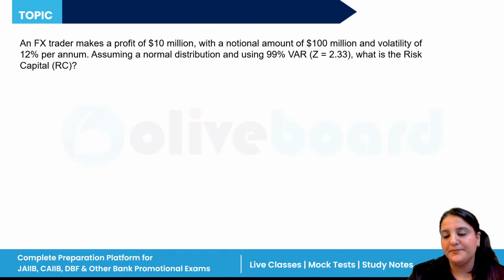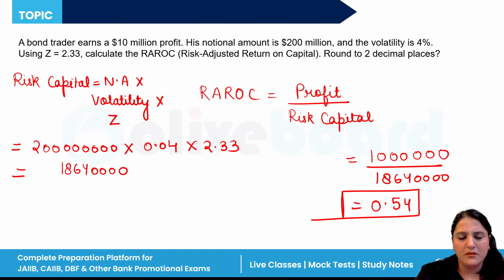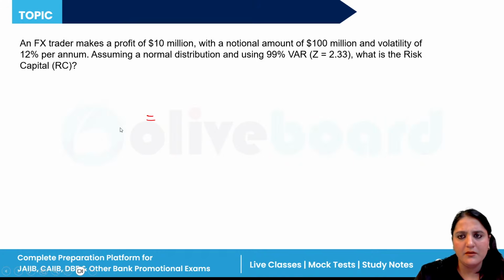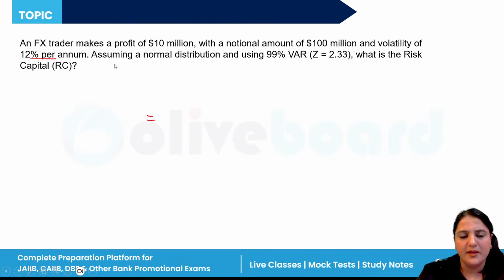So let's calculate. Okay, only the volatility is changed, so I think you can do it. This is the formula. Notional amount is our 100 million, and here volatility is 0.12, multiplied by 2.33, and the answer is your risk capital.